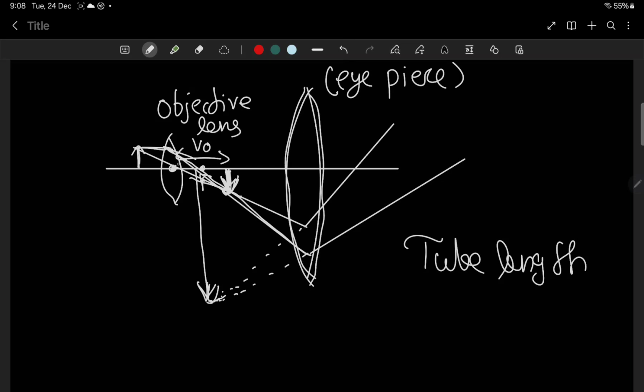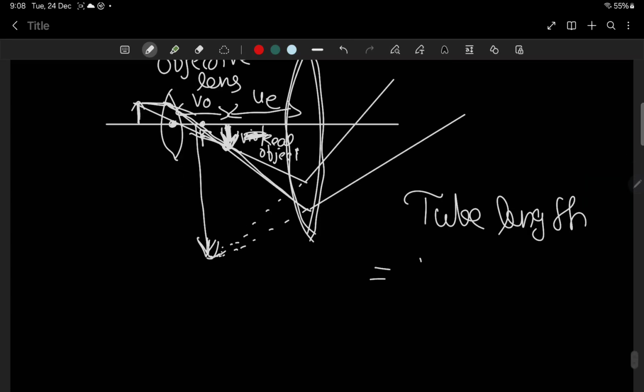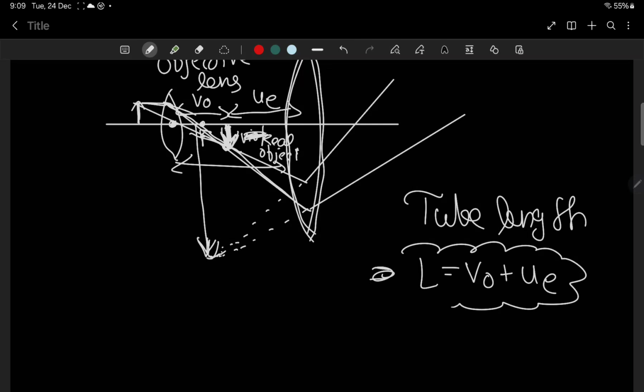The distance from the small objective lens to this image is V of objective, and to the eyepiece it acts as a real object. So this is UE. So tube length means the total length between the two lenses, that is V objective plus UE. Learn it. Important.